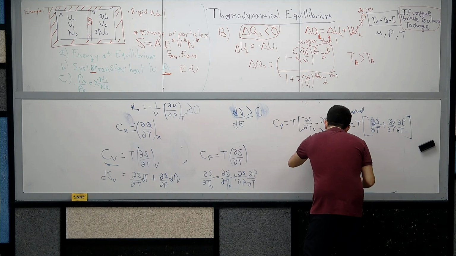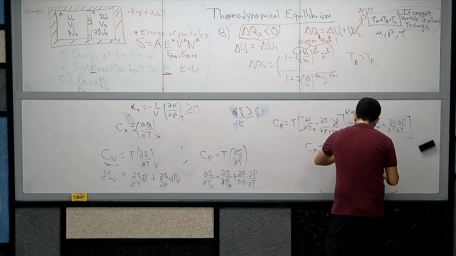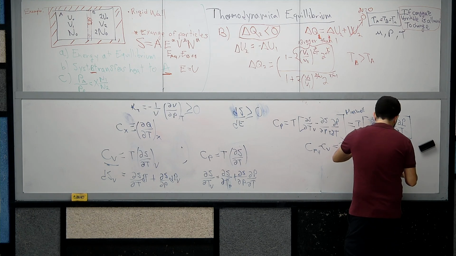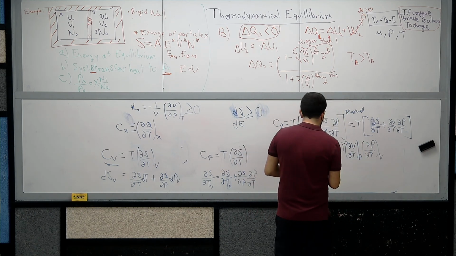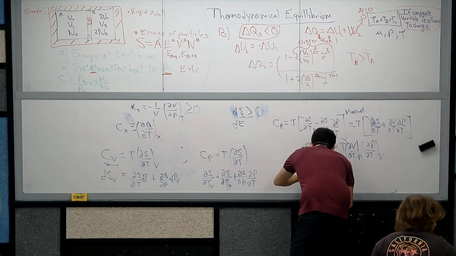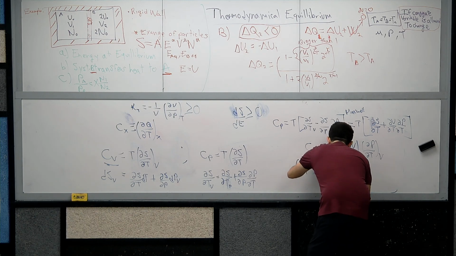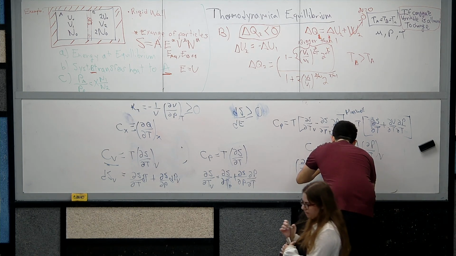Cp minus Cv is equal to d dV, and you know the triple relation. I think you had to prove it also in the homework, but this is from multivariable calculus.